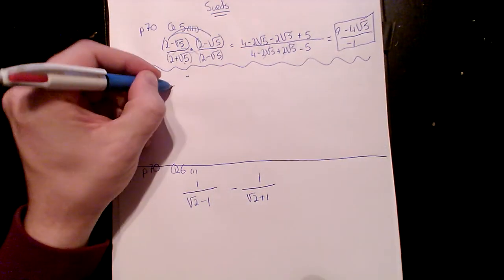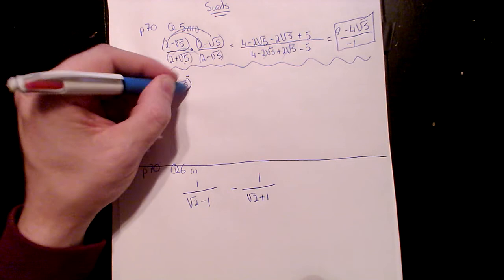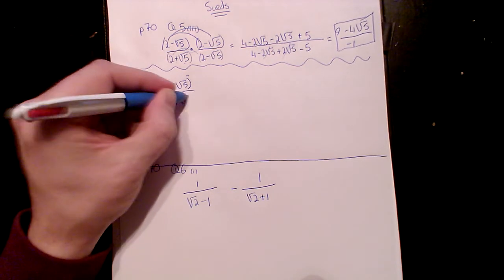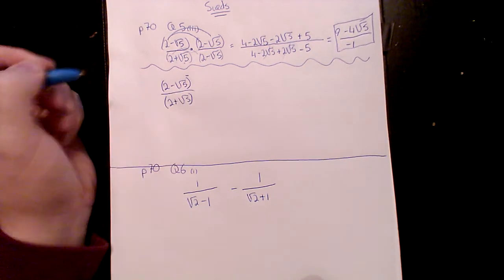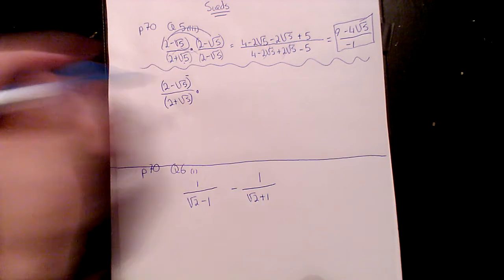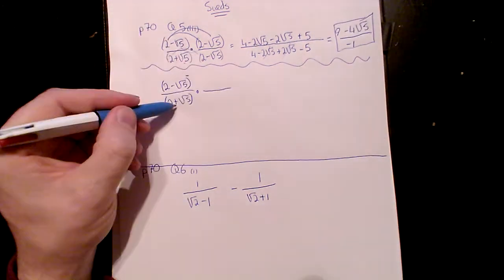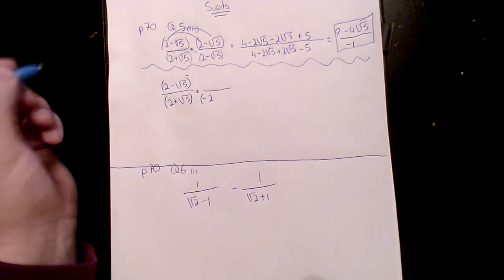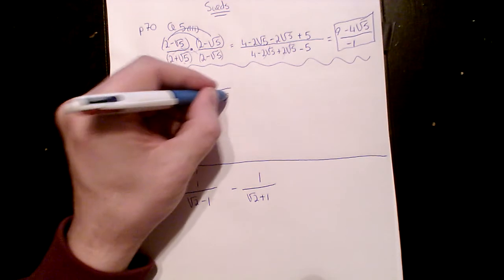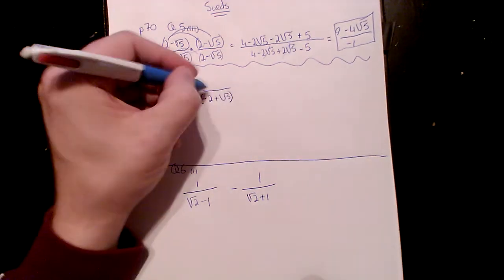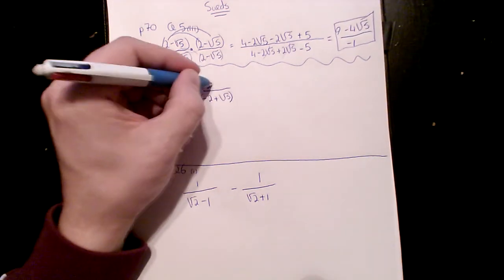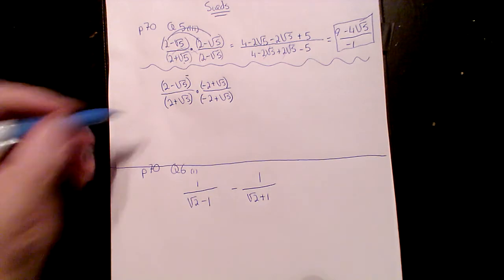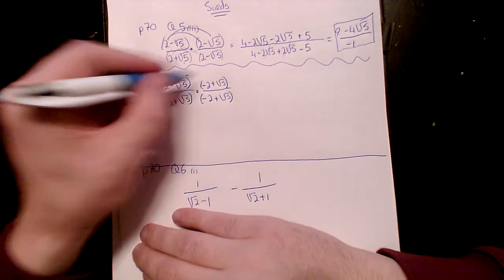So again we have 2 minus root 5 over 2 plus root 5. But this time Lucy's after deciding, instead of changing the second sign, she's going to change the first one. So we have minus 2 plus root 5, and again we'll multiply the top by the same, minus 2 plus root 5. I'll work these out down here.